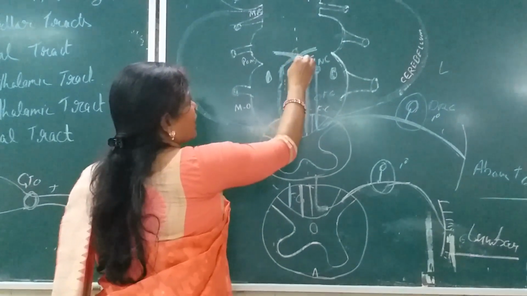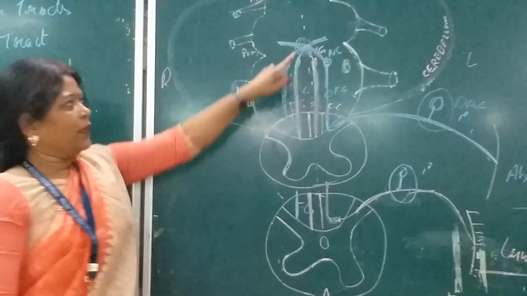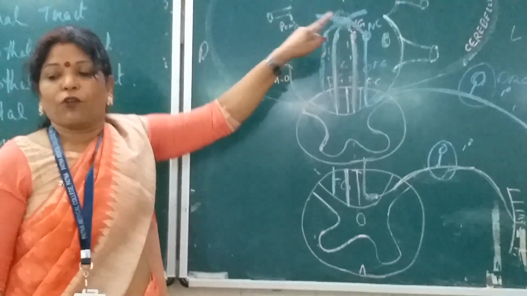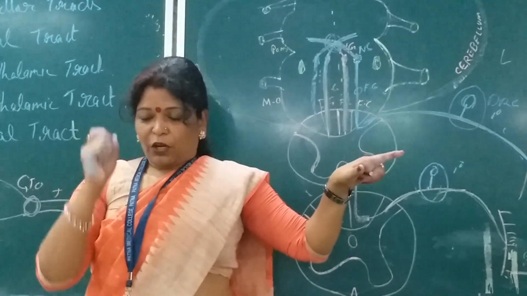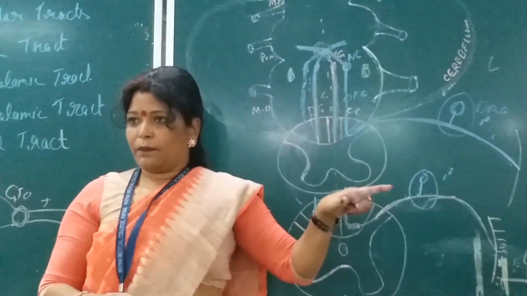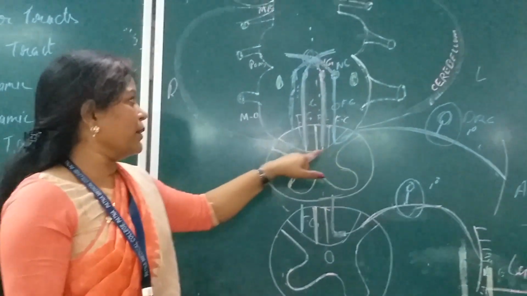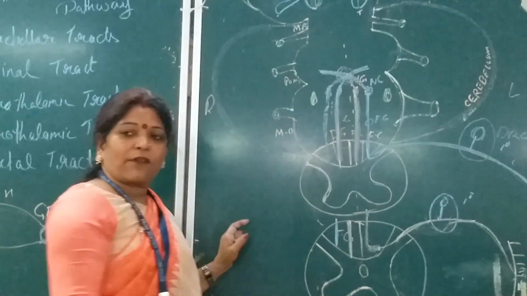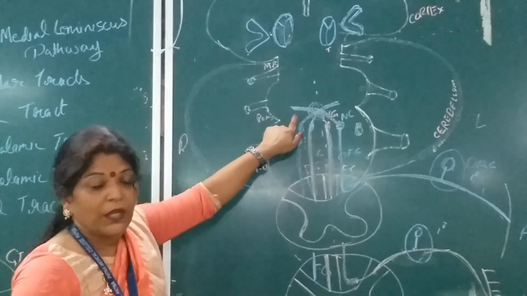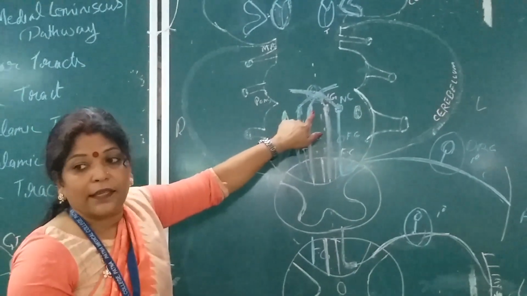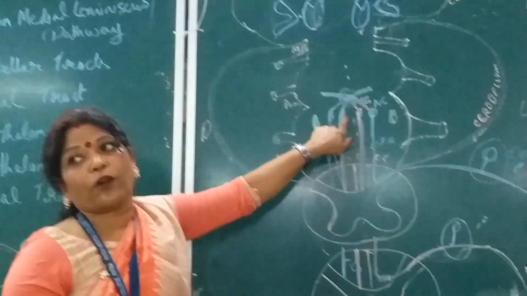Which fibers? The sensation of fine touch, pressure, and all these modalities of sensation cross here at the medulla oblongata after synapsing in the second order neuron.